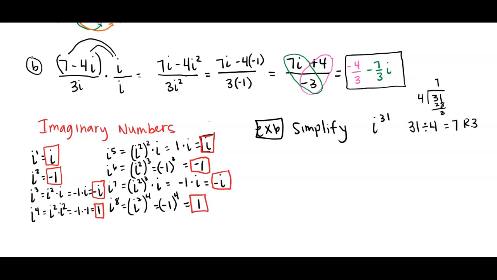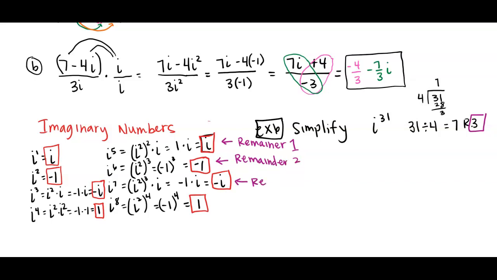And so this remainder part is the part I want to focus on, okay? Because you'll get i whenever your remainder is 1. Your answer will simplify to be -1 if your remainder is 2.